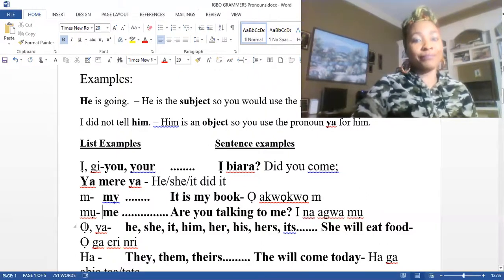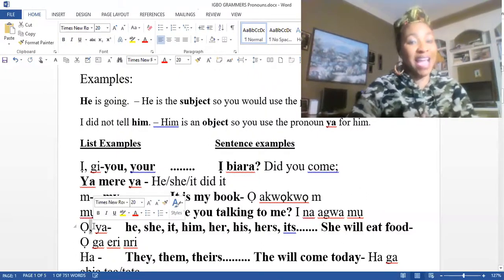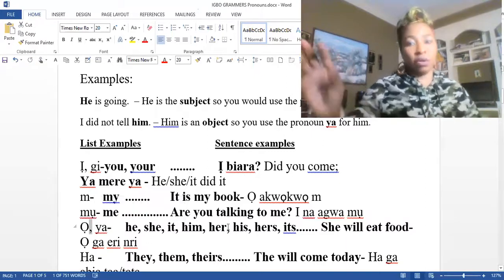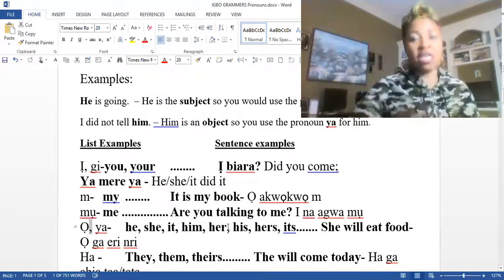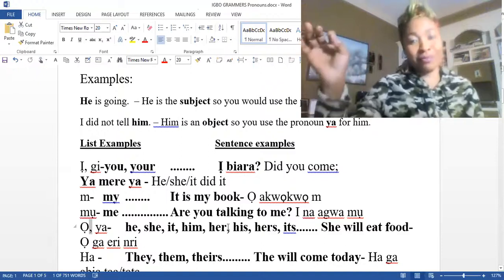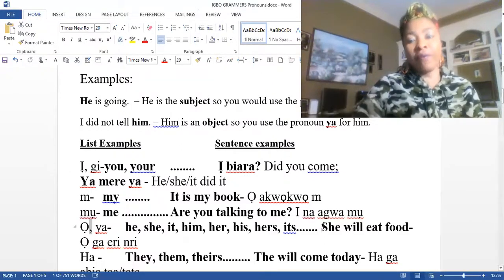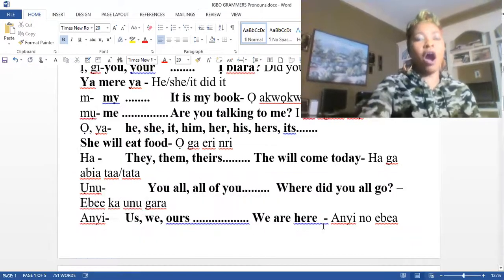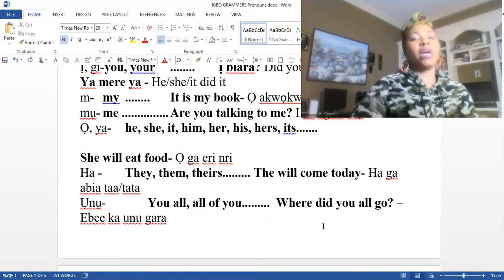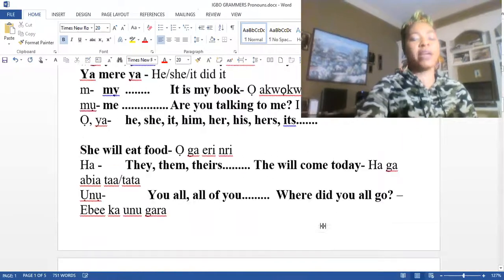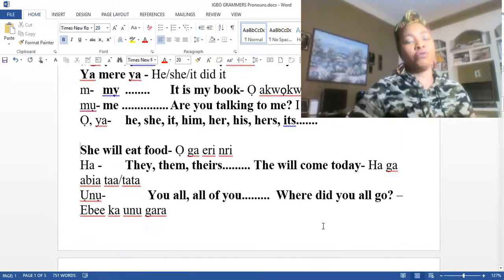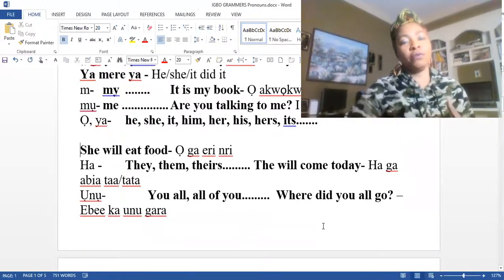Oh yeah, ọ. He, she, it, him. So I think we have stressed it enough. She will eat food. Ọ ga-eri nri. She will eat food. He will eat food.